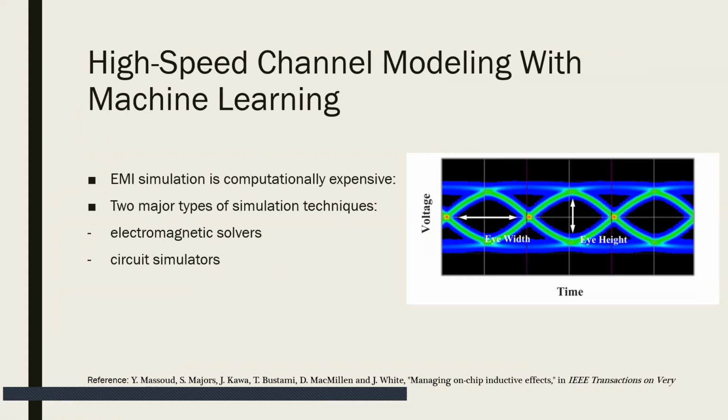The main types of simulation techniques include EM solvers and circuit simulators. Shown on the right is an eye diagram that is commonly used for signal integrity analysis, and the eye height and eye width are of particular interest.